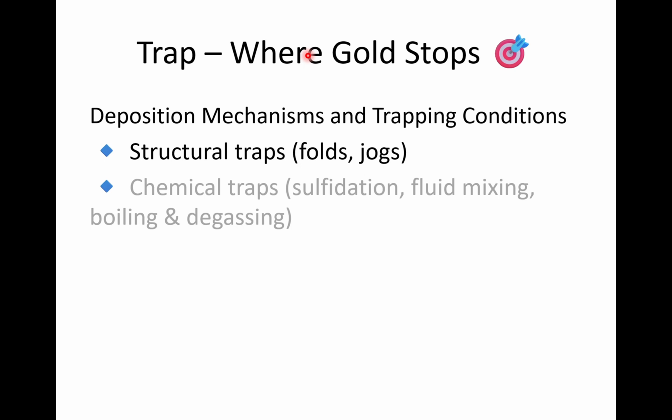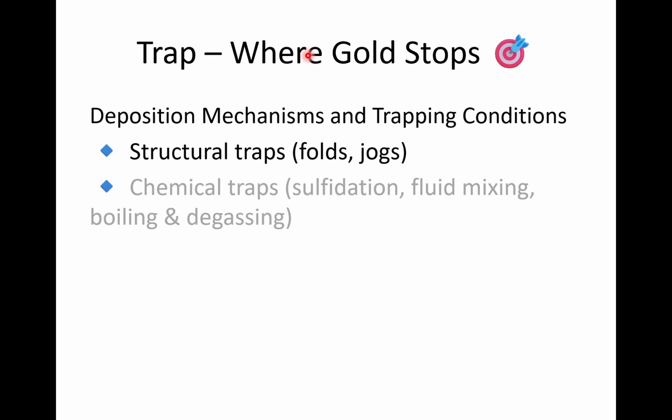Changes in the geometry and mechanics of the conduit can create traps. When a fluid-filled fault or fracture undergoes a pressure drop, for example at a bend, jog, or fault intersection that creates dilation, the sudden drop in fluid pressure can cause gold to precipitate, as the solubility of gold decreases with a drop in pressure for bisulfide complexes.